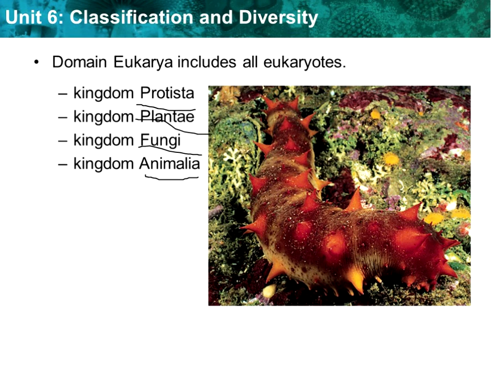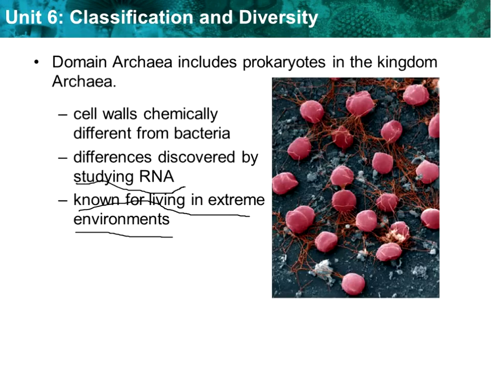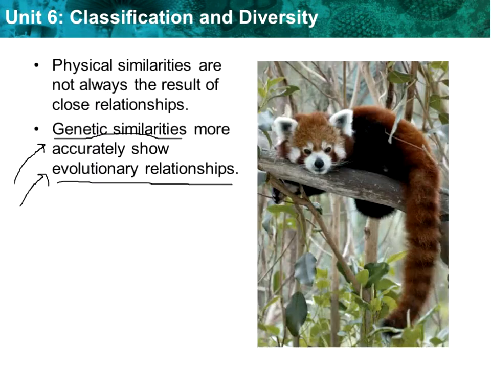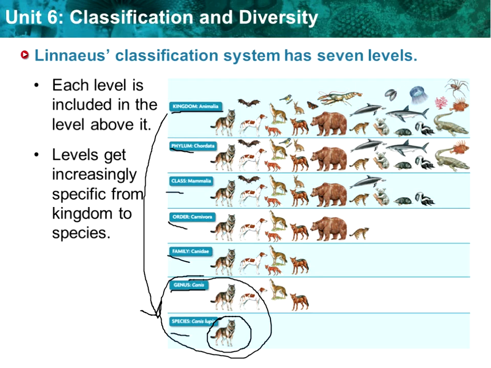You're just missing the letter C, K-P-C-O-F-G-S. Yeah, you got the basics of it. Just don't forget that, guys. That's something we need to memorize. All of us need to memorize that. It's right here. Kingdom, phylum, class, order, family, genus, species. But if you want to be even crazier, you can say domain.